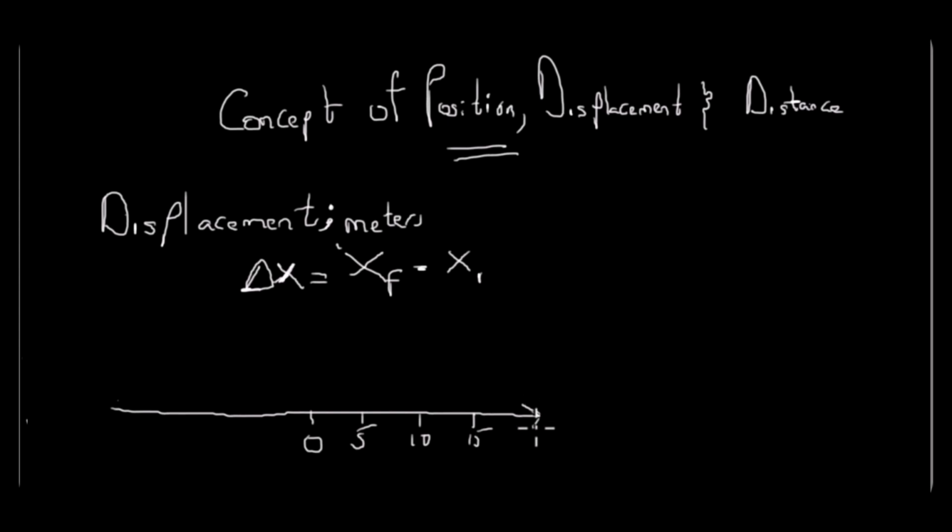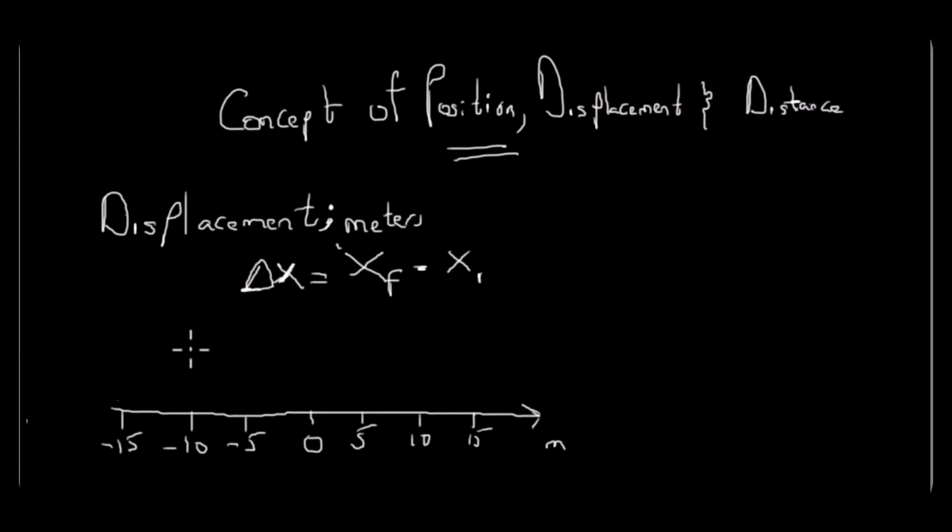Since displacement is measured in meters, we can have meters, centimeters, or kilometers, depending on how long or short our number line is. But for now, let's just make do with meters. On our scale, let this be minus 5. Let this be minus 10. And then let this be minus 15.